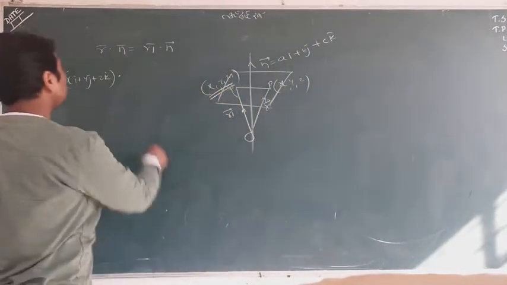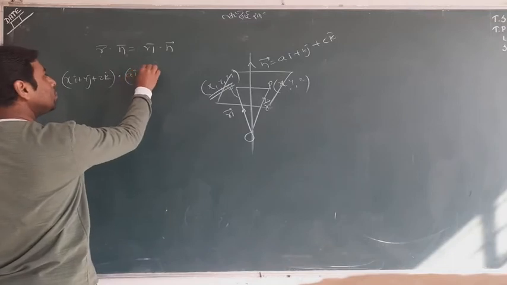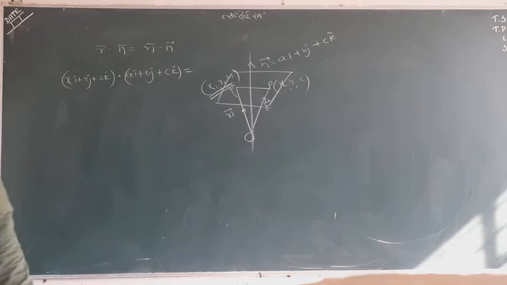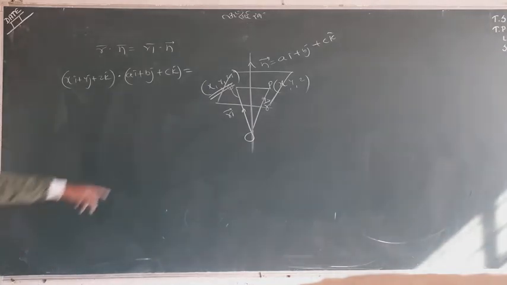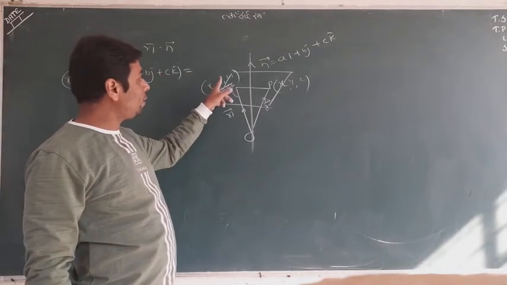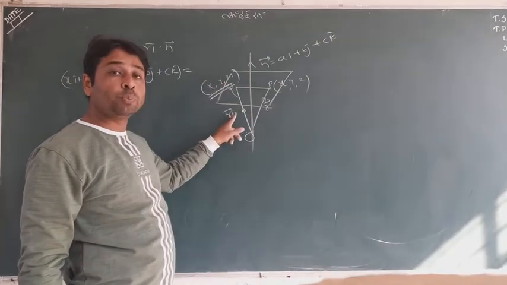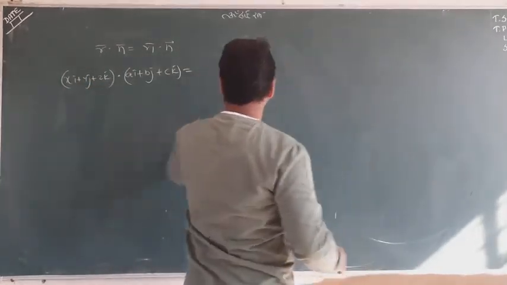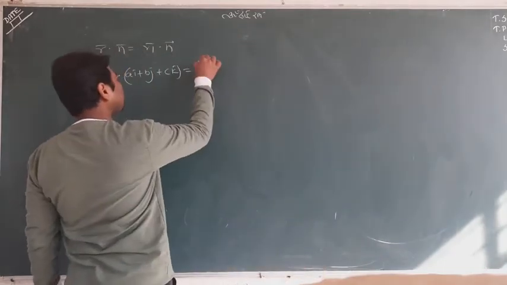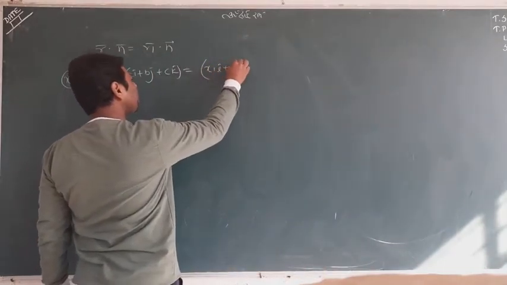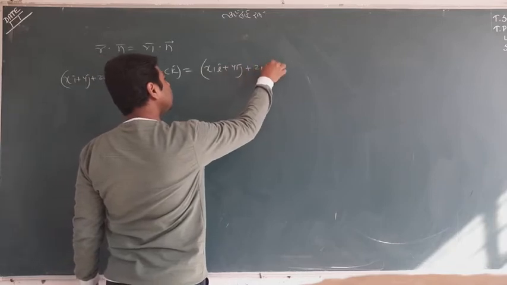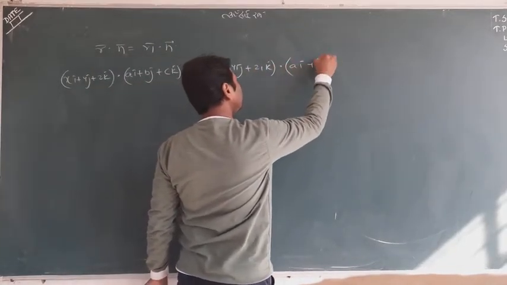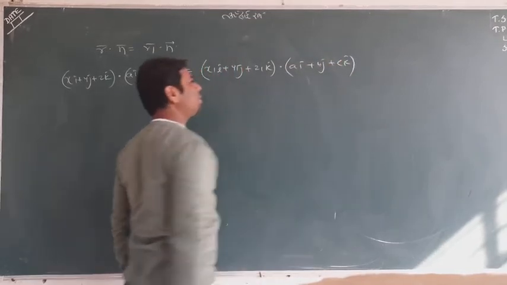That is simple. So put here ai, bj, ck. What is r1? Now you know it. r1 means x1i, y1j, z1k. It is the known point through which the plane passes, so I change the coordinates into vector form: x1i, y1j, z1k dot n, meaning ai, bj, ck.